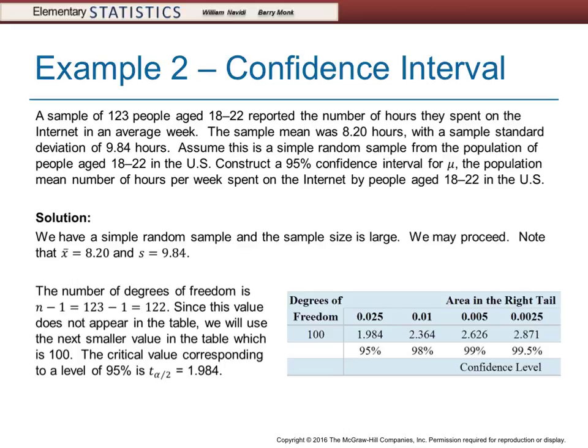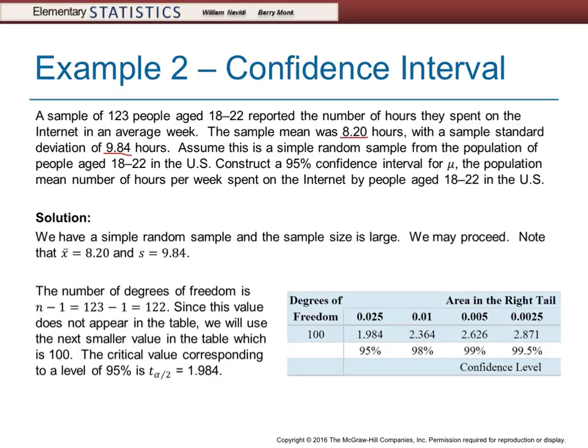In our second problem, a sample of 123 people aged 18 to 22 reported the number of hours they spent on the internet in an average week. The sample mean was 8.2 hours with a sample standard deviation of 9.84.